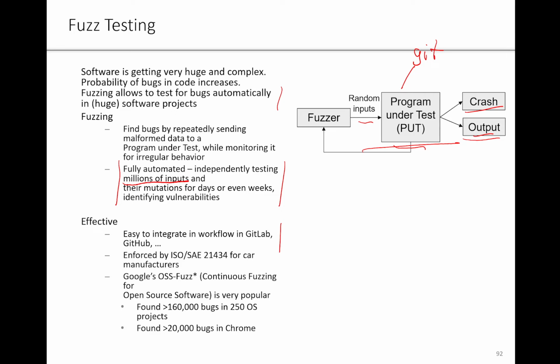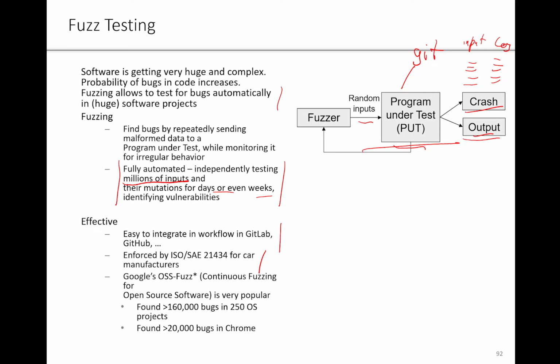If there's a crash, you put that input that you found and the crash report in some file, and then you send more inputs. So basically, over time, if you give it hours, days or weeks, you compile a list of inputs that cause a crash, and you have the log that describes the crash. It's also enforced to be used by various industries.